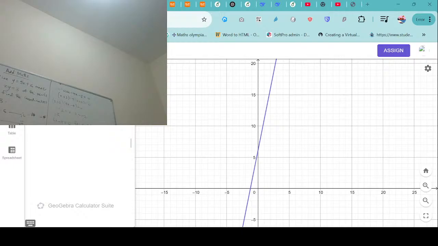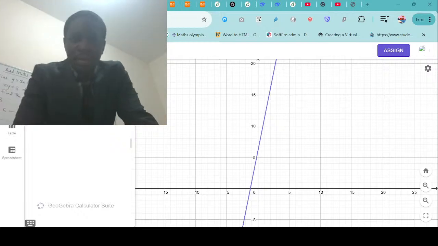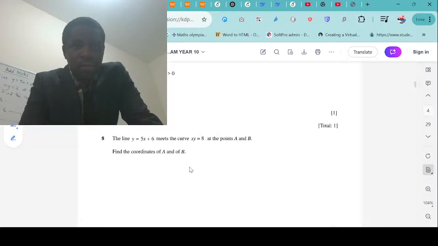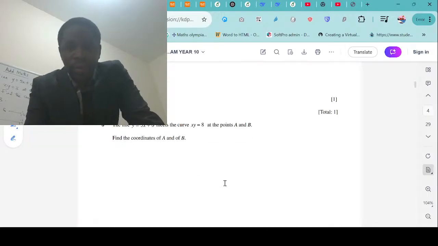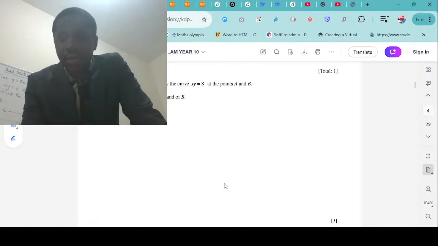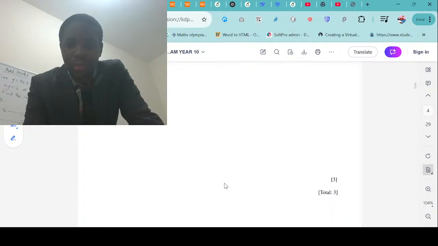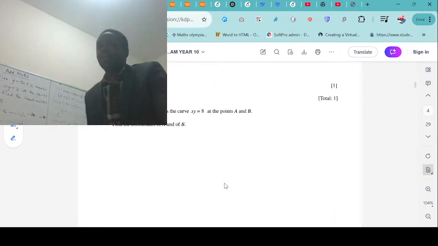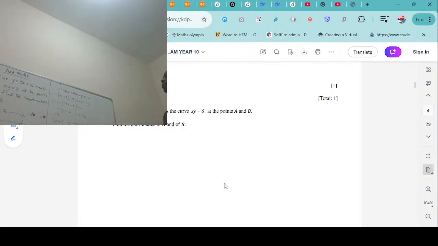Yeah. Right. So let's move. So the coordinates in question, if you want to write your answer, the coordinate of A is... we've not finished answering the question.